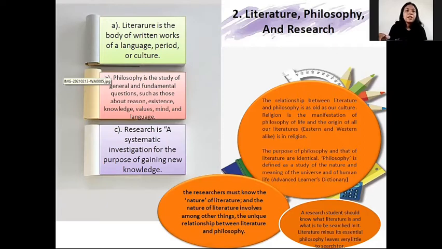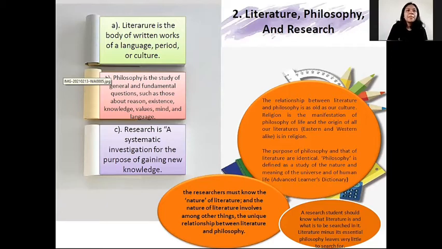The purpose of philosophy and that of literature are identical. Philosophy is defined as a study of the nature and meaning of the universe and of human life. At the higher level, literary work is an artistic attempt to perceive the underlying reality.